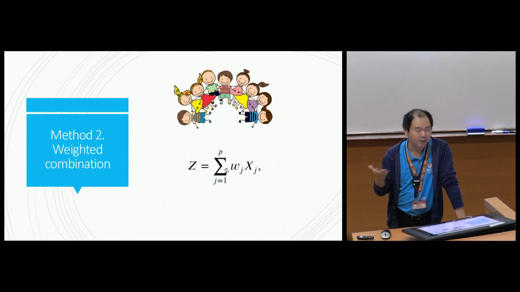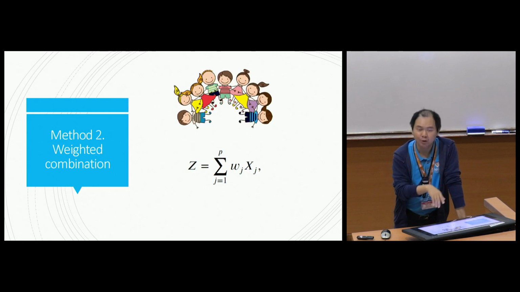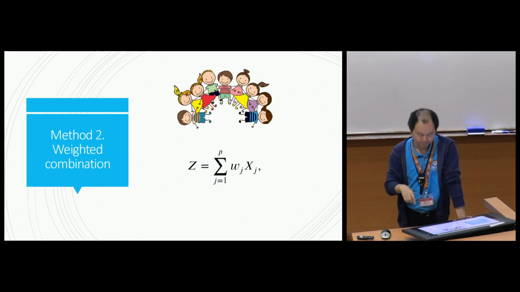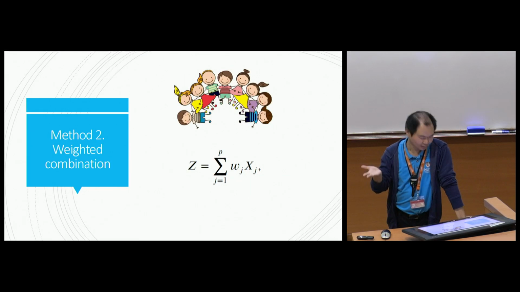So you can actually just use an average. You can just use W to be equal weight. That's actually what we are going to use for this second method. So we consider equal weights for all the variables you want to consider. This second method is slightly better than the first one, since now you can combine more information to be used for the underlying variable.